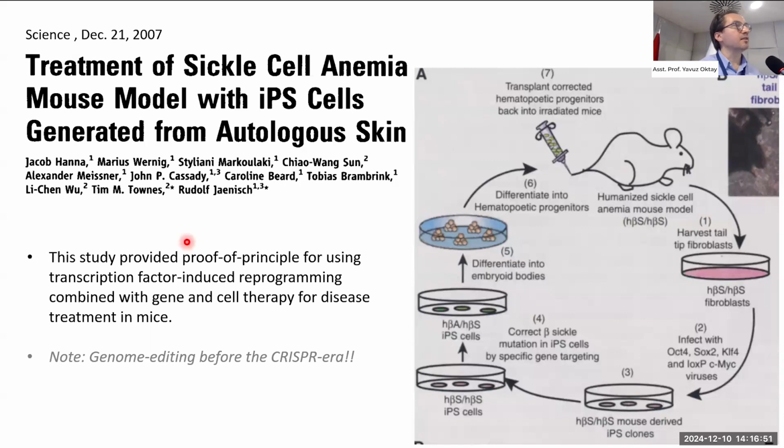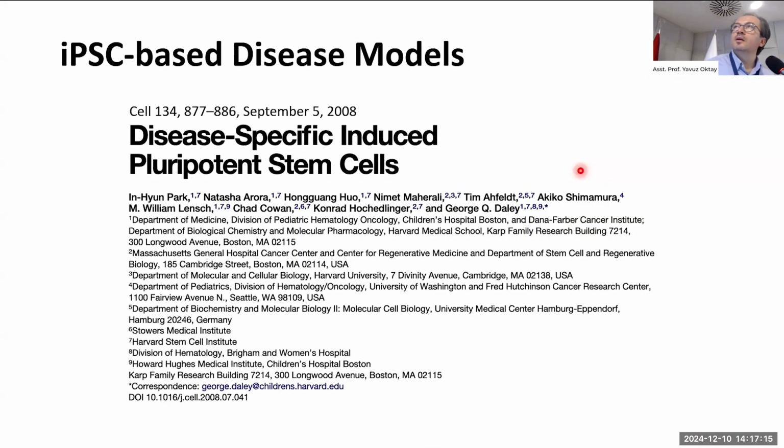So this was all done using conventional gene editing technologies, and everything was done in a year or so. And they showed that these cells, when they differentiate into embryoid bodies and then to hematopoietic progenitors, can be introduced back to the mice and have the potential to cure.